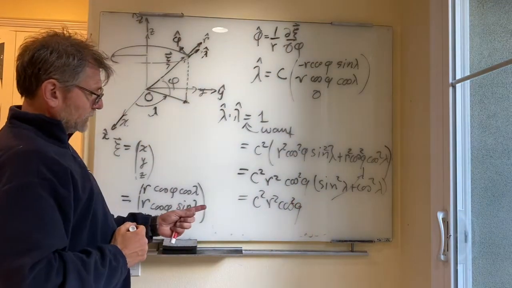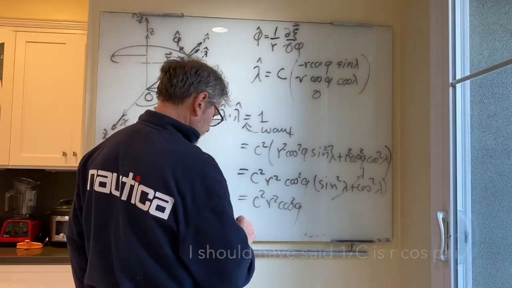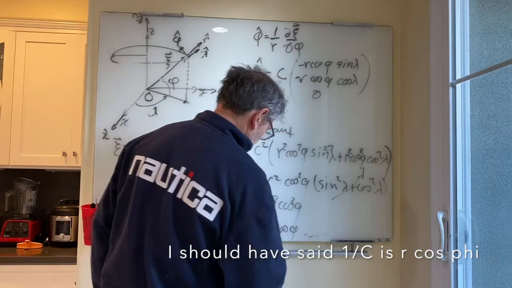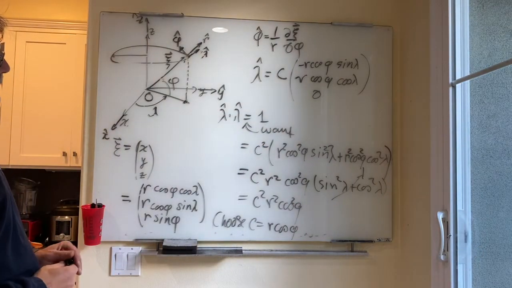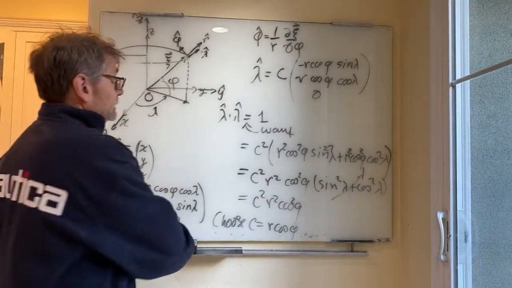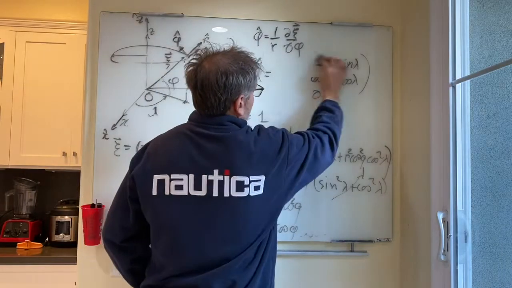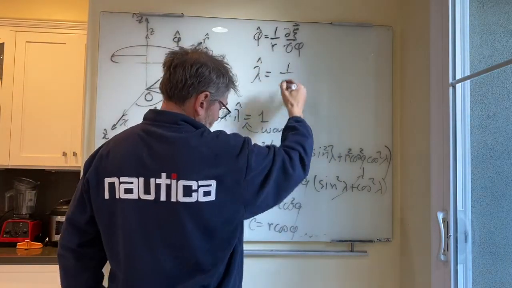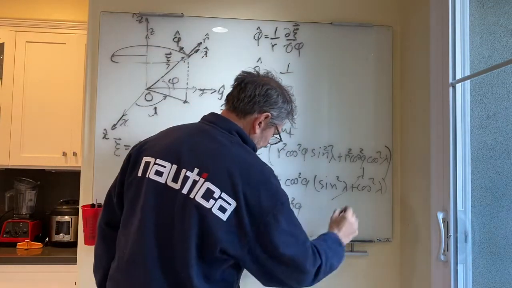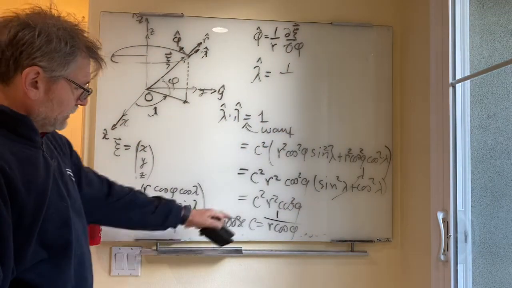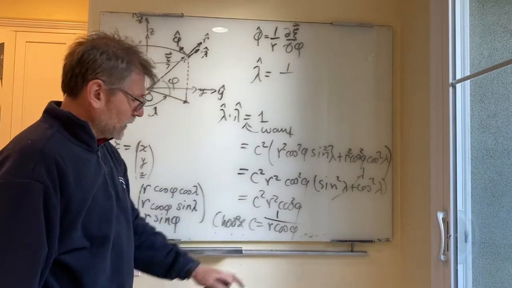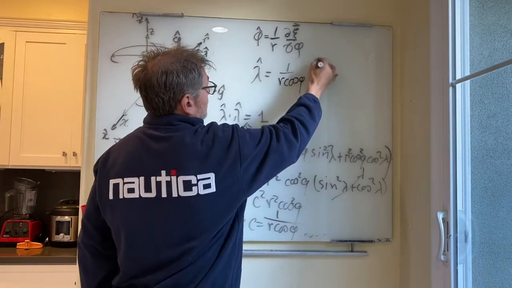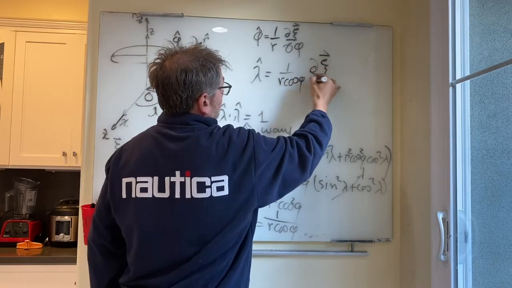And if we want the whole thing to be equal to 1, we choose c to be 1 over r cos phi. And so now we know what lambda hat is: lambda hat is going to be r cos phi dx vector d lambda.